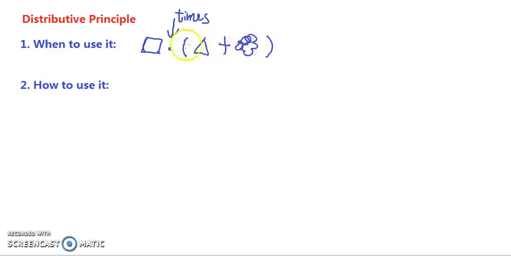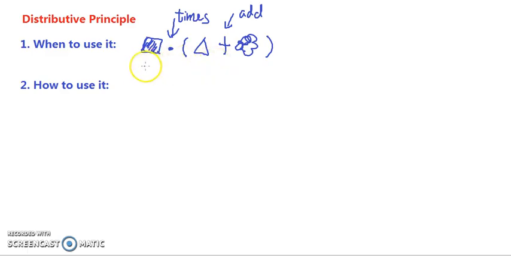Notice that we have a multiplication on the outside in front of the parentheses. It could also be moved behind the parentheses, because multiplication is commutative, so we can switch them. So usually we put this term in front of the parentheses.